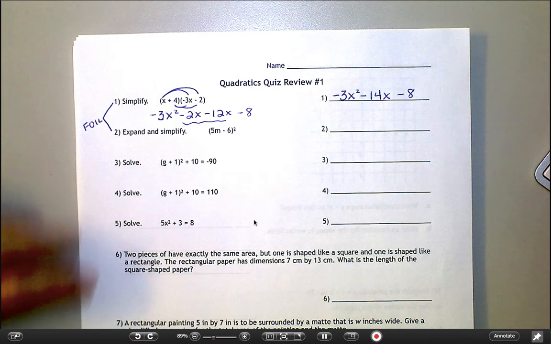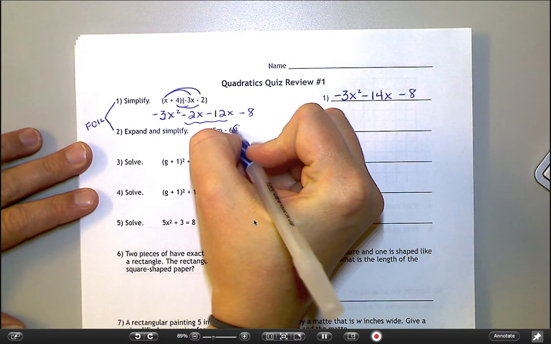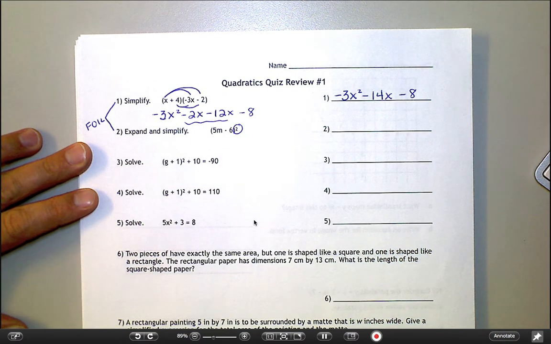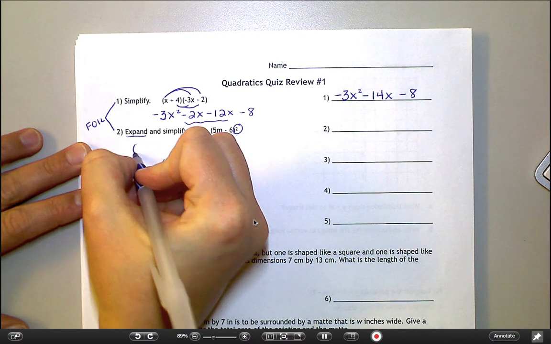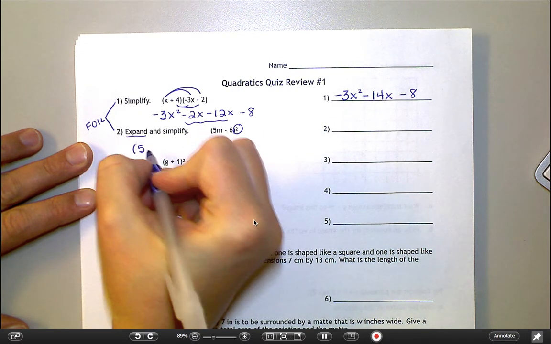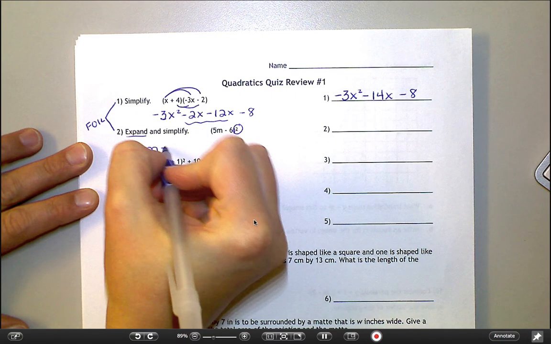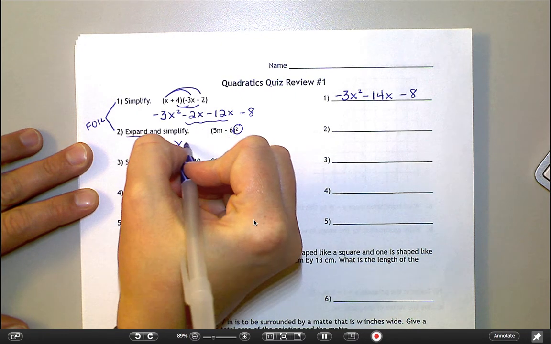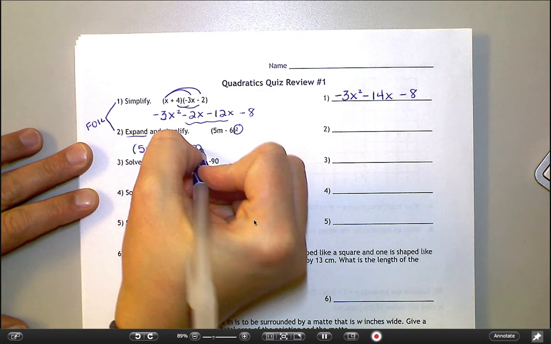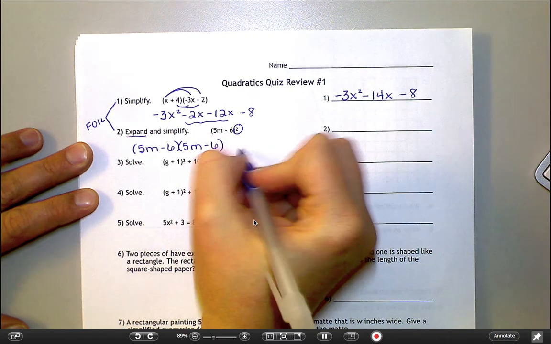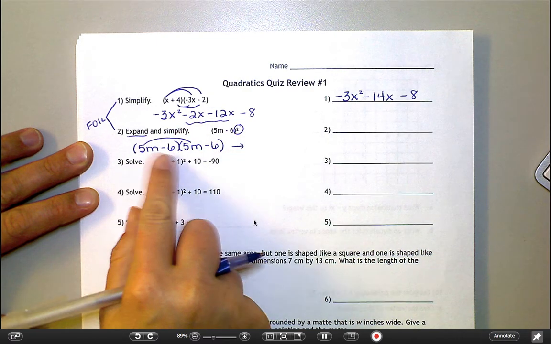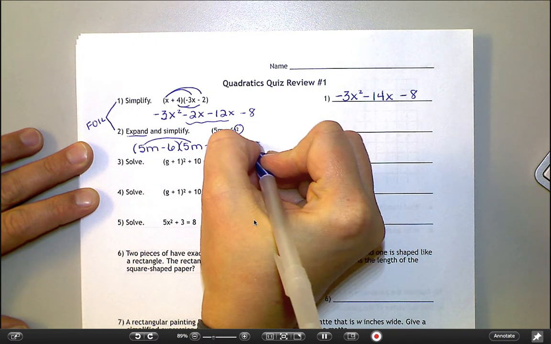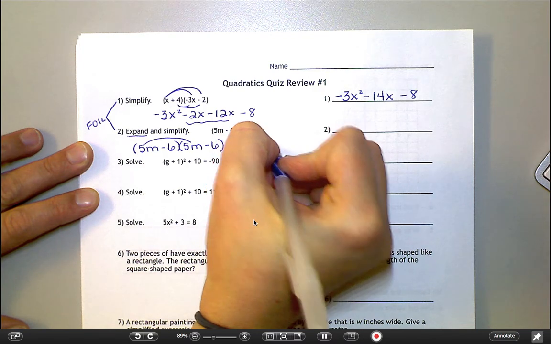So number 2, I have to figure out what to do with that square, which is where this expand thing comes in. Expand means I'm going to have to write this out twice. So what is this? 5m minus 6 times 5m minus 6. And now I'm going to FOIL those. So 5m times 5m. 5 times 5 is 25, and m times m is m squared.